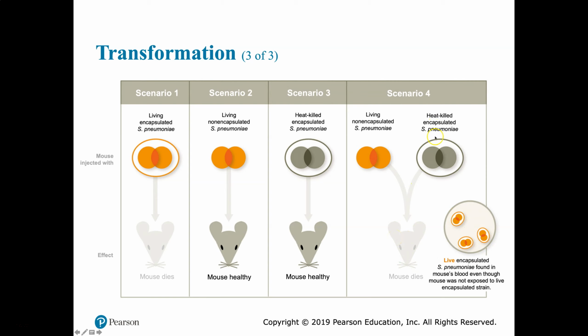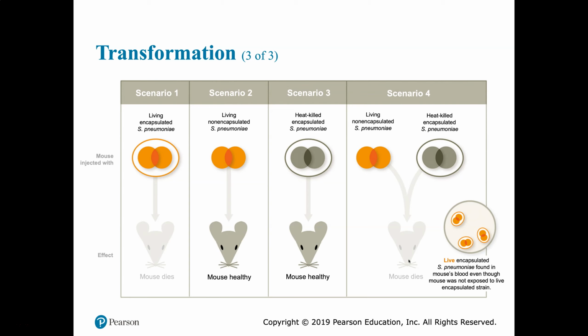So when you heat kill the encapsulated Strep pneumoniae, the genetic material associated with the capsule being formed is free-floating, and this non-encapsulated version will pick it up through transformation, and now it has the genes to create the capsule, which it then does, and you can see from the image on the bottom right here, which will then kill the mouse.